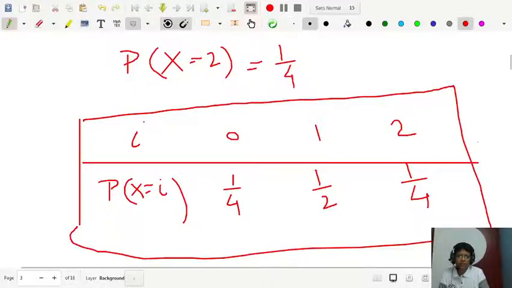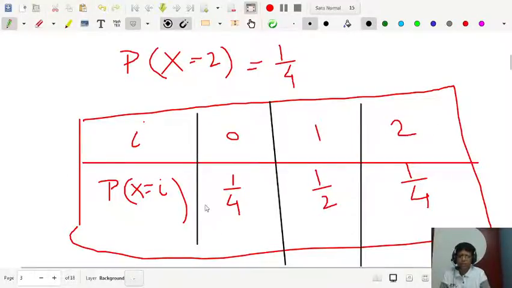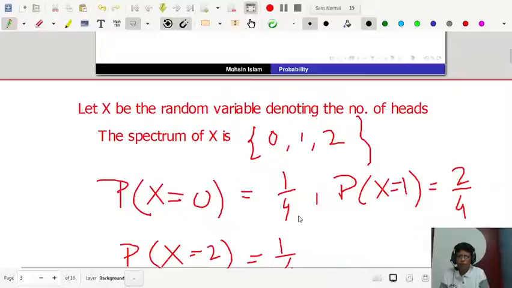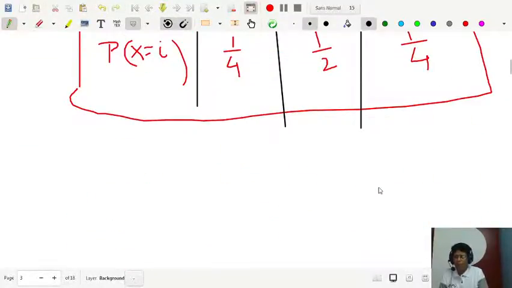You can take it as a box, or write it in a table format. X equal to 0 represents no head, X equal to 1 represents 1 head, and X equal to 2 represents 2 heads. That is the significance of writing this in the form of probability. So we have started with a very simple example. Now let's move to another example.